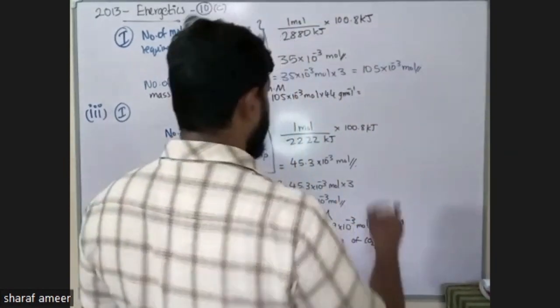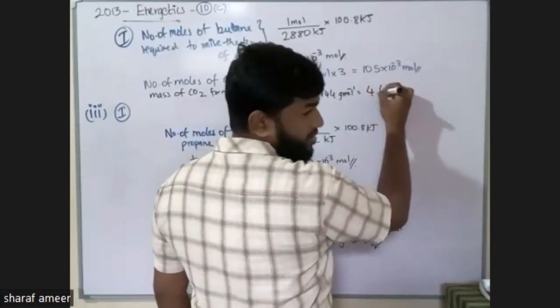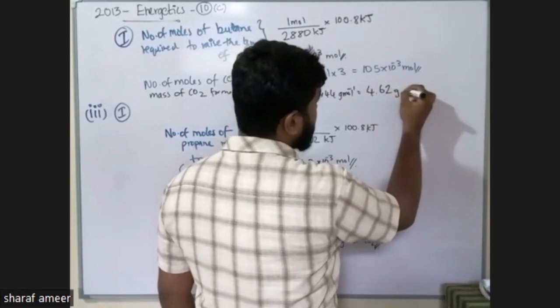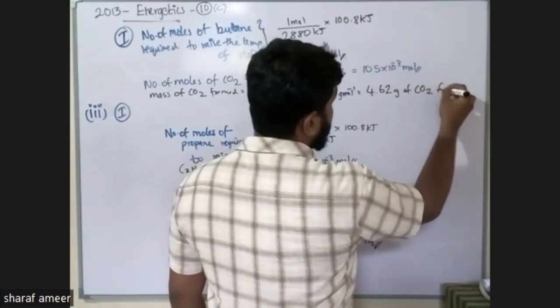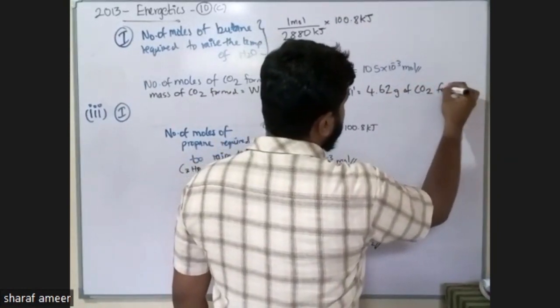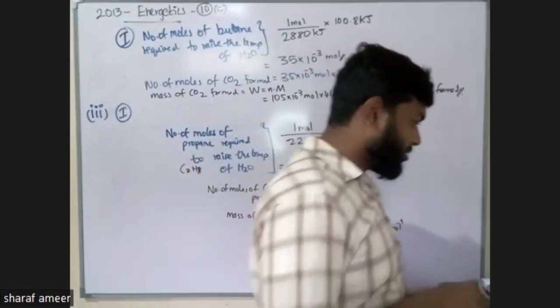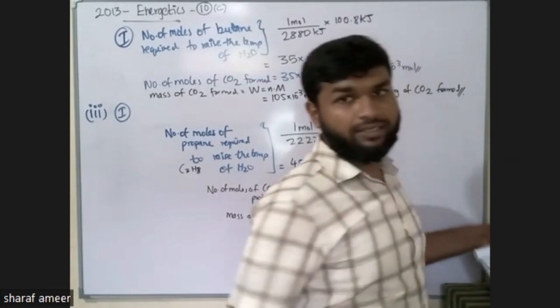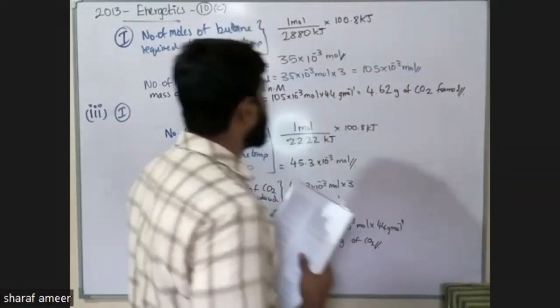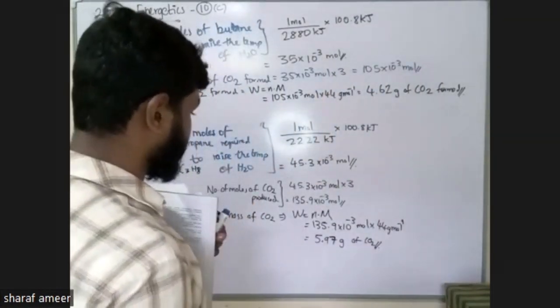So 4.62 grams of CO2 is formed here, right? So this is the answer for the third question. Got it?